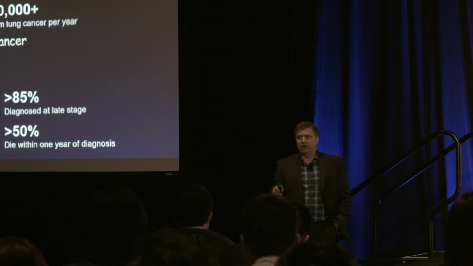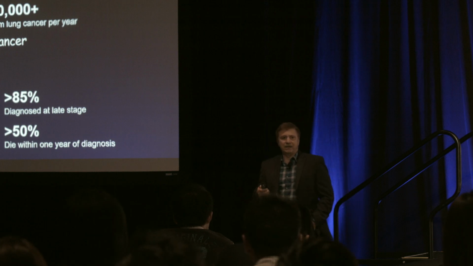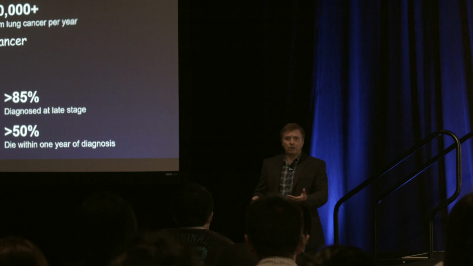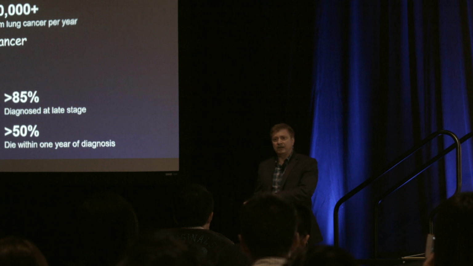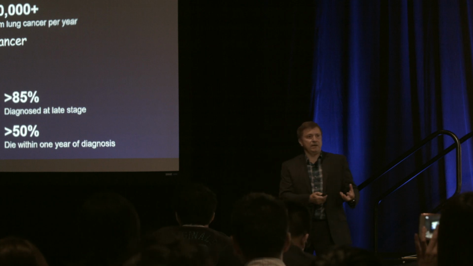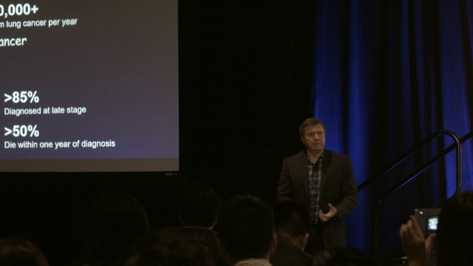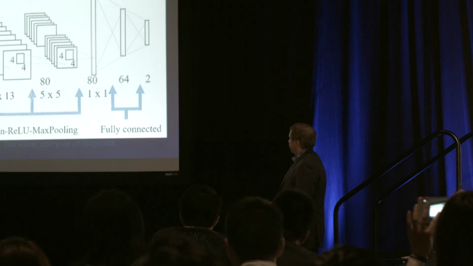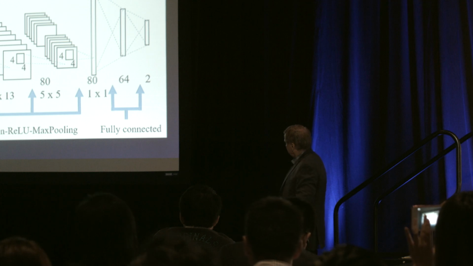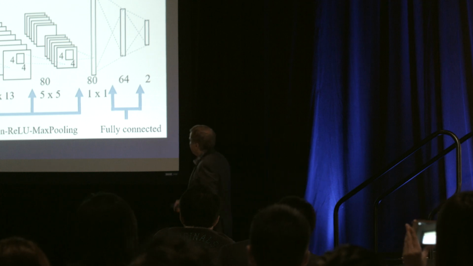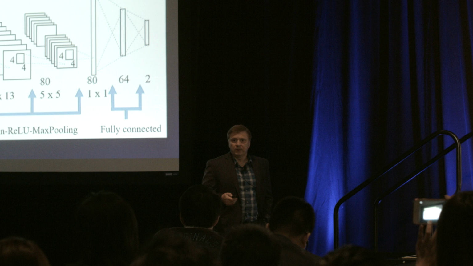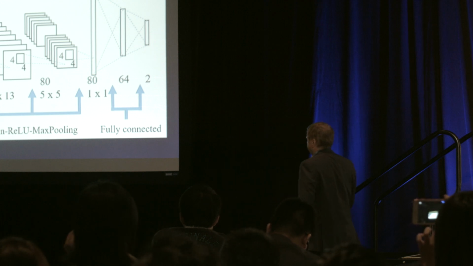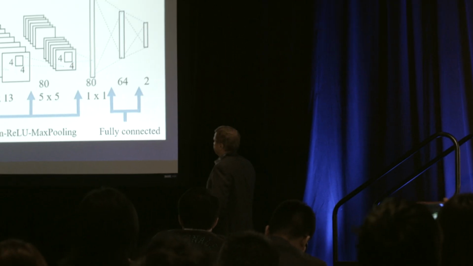So the tools are required for automating this to some degree, to give doctors a second opinion or maybe a first opinion, and then the doctor comes in and verifies what the automated system is suggesting or recommending. So we've been looking at applying deep, in this case, convolutional neural networks to the problem, and we've had quite a bit of success in doing that.